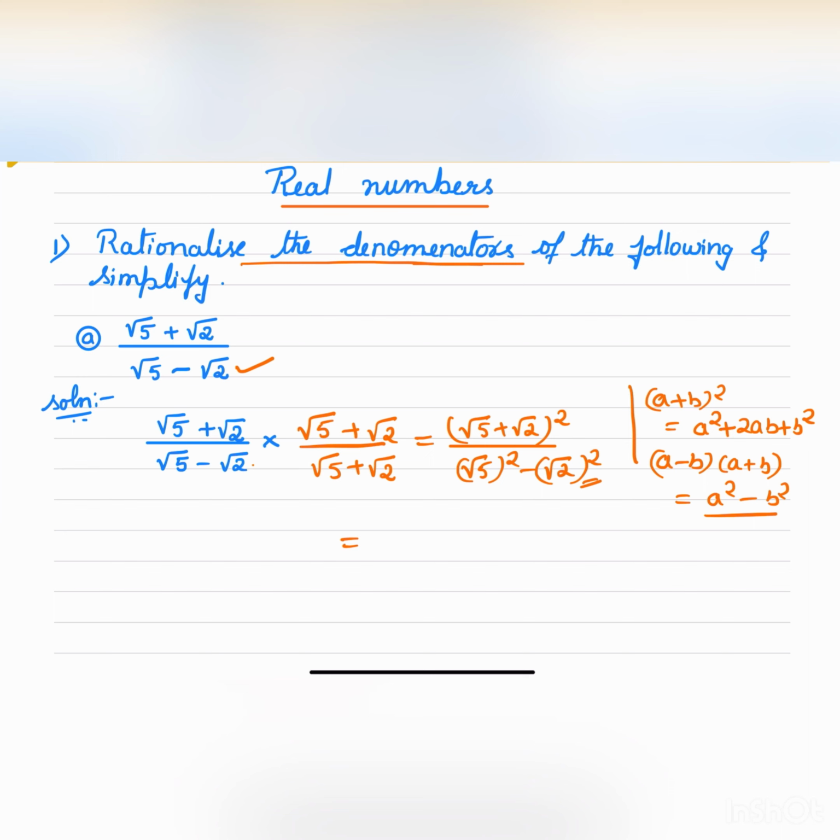Now let us see the numerator. It will be root 5 whole square, applying this identity, plus 2 into root 5 into root 2, where root 5 is a and root 2 is b, plus root 2 whole square. This is divided by root 5 whole square, which is 5, minus root 2 whole square, which is 2.